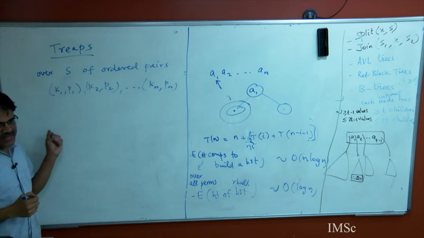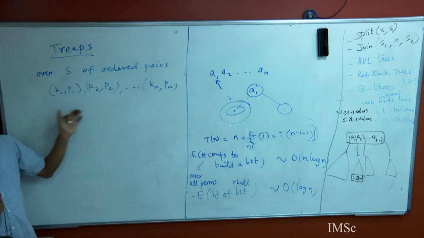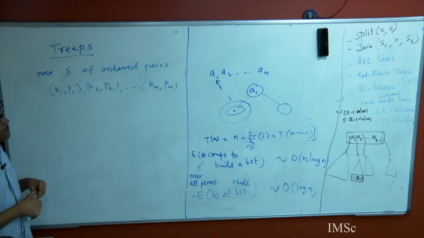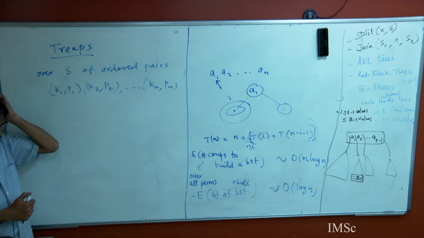So it is a data structure that stores pairs of values like this. These are all numbers, the Ki's and Pi's are numbers.